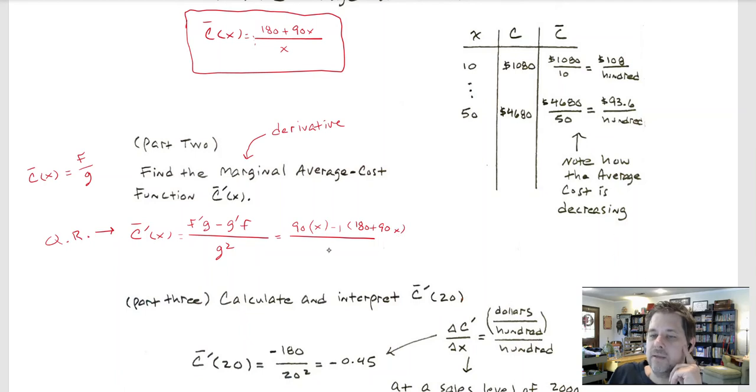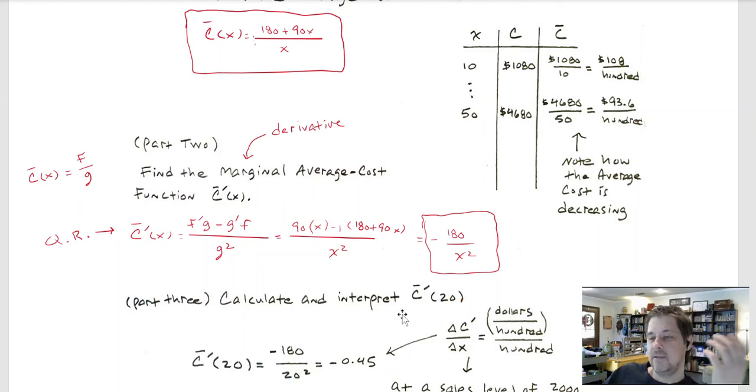Okay, and then divide by g squared, which is x squared. All right, now if I reduce this, here's what I'll get. Negative 180 over x squared. Okay, so my marginal average cost function is negative 180 over x squared.